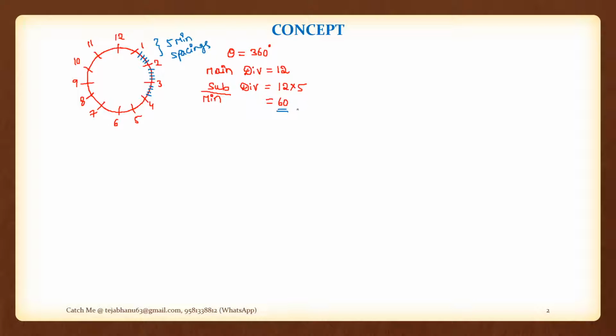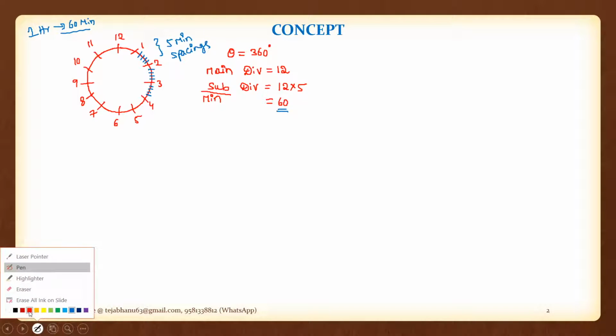That's why 1 hour consists of 60 minutes, because in 1 hour, the minute hand is going to cover 60 subdivisions. That's why we consider 60 minutes per hour.